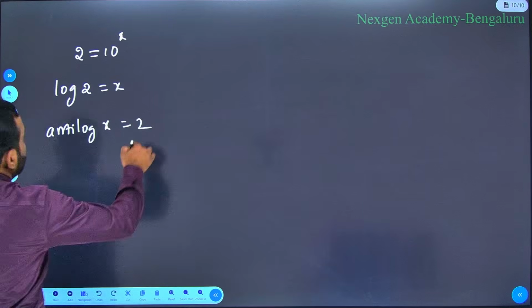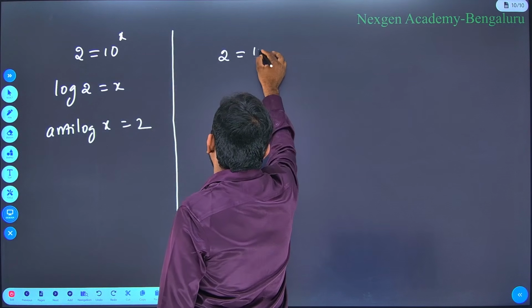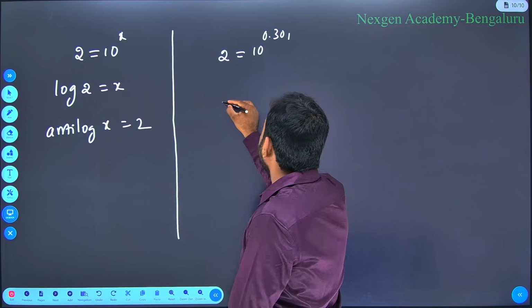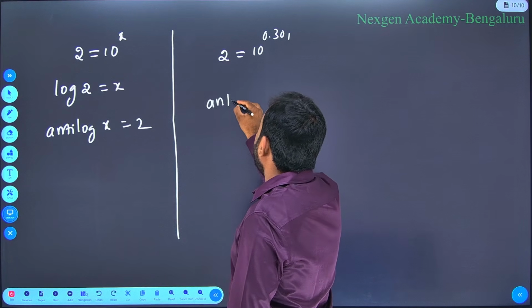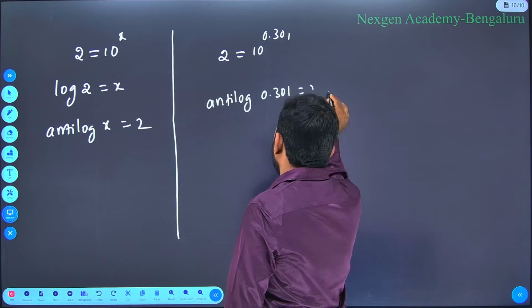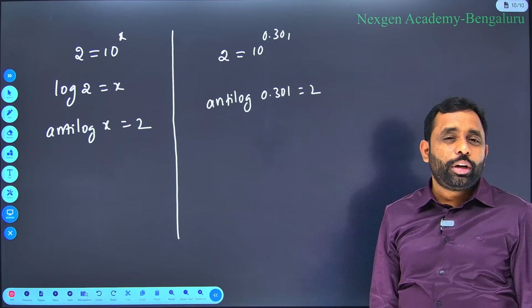Log 2 value we know, log 2 is equal to 0.301. What does it indicate? Anti-log of 0.301 is 2. So it is a reverse relation.